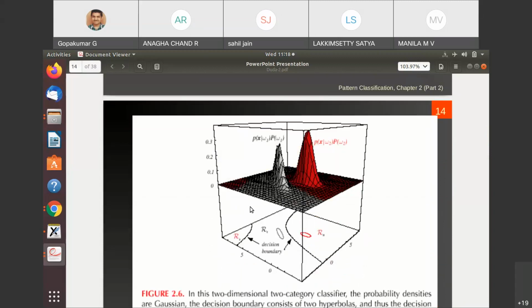So for example, if it is a continuous variable, we have a probability of x given wi, as a likelihood function in Bayesian decision theory.